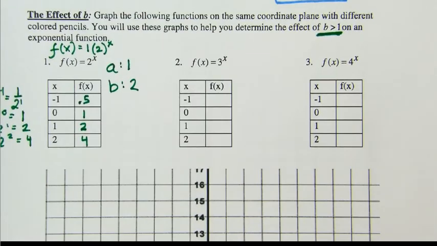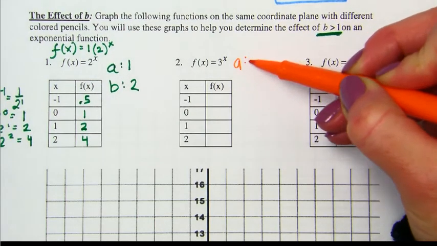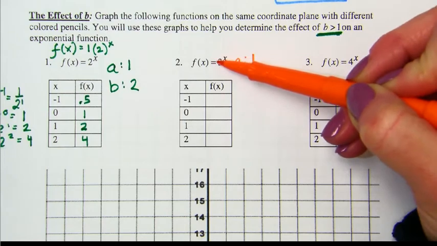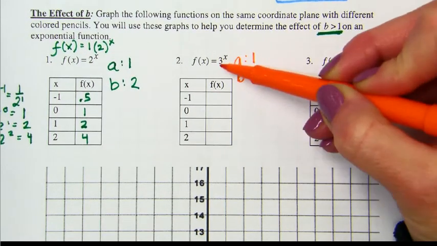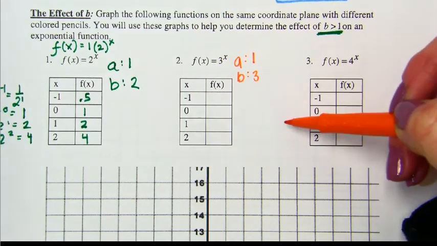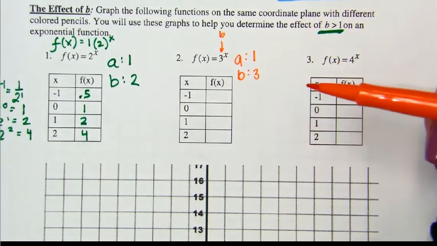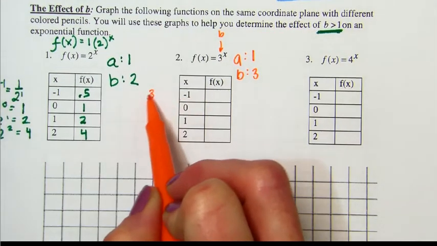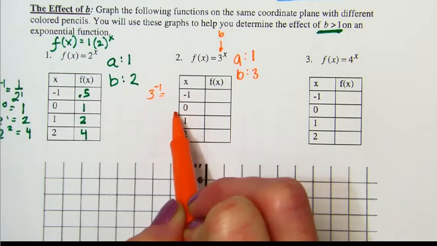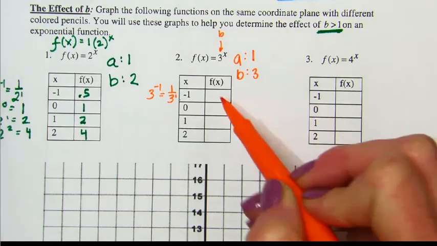So head back up to number 2, and we're going to repeat the process. Our a is still a 1, because if there's no number being multiplied, we know it's 1. But this time my b is a 3. Again, same type of process. 3 to the negative first power is going to be equivalent to 1 over 3 to the positive first power.